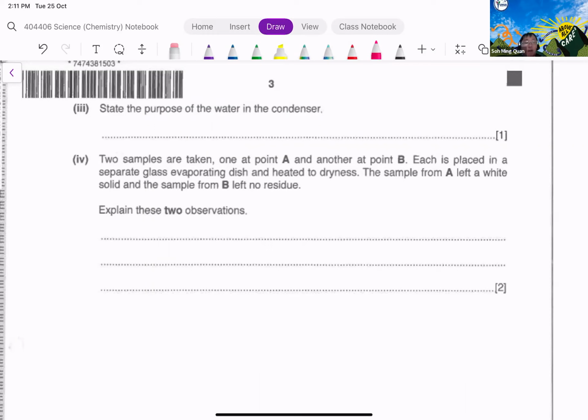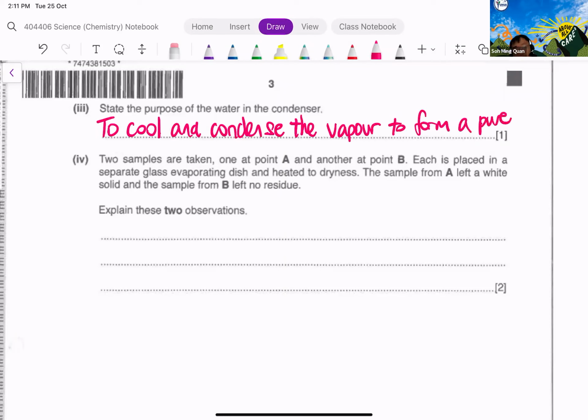So asking you about the purpose of the water is the same as asking you the purpose of the condenser, which is to cool and condense the vapor or the gas to form a pure liquid distillate. All right, so this is the purpose of the condenser. It is also the purpose of the water in the condenser, all right?